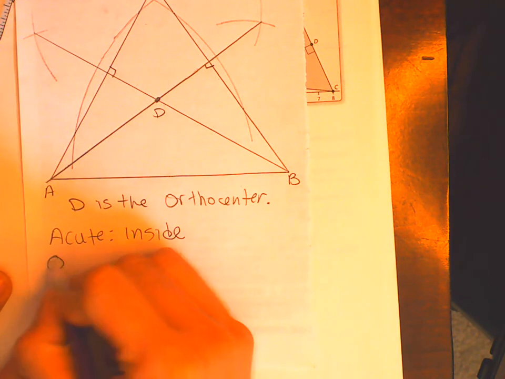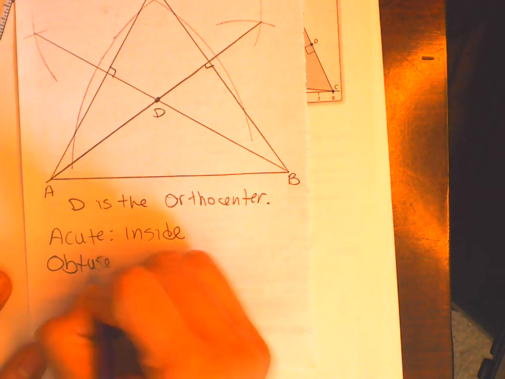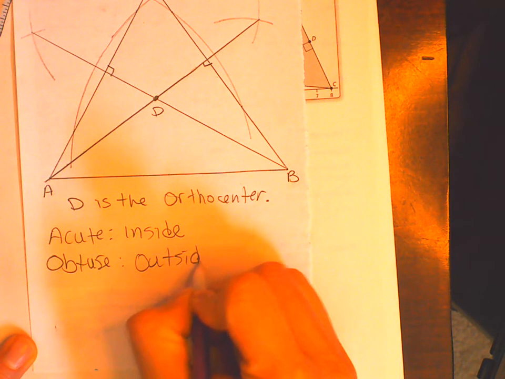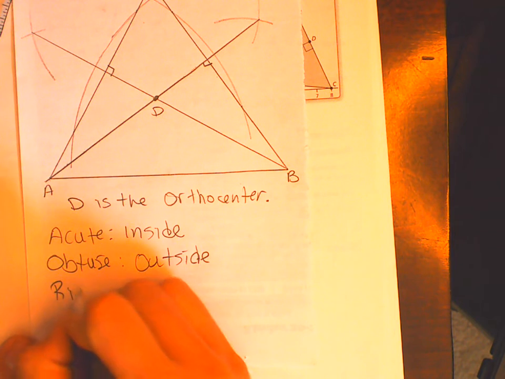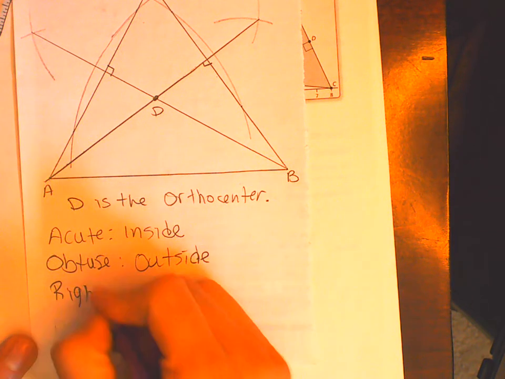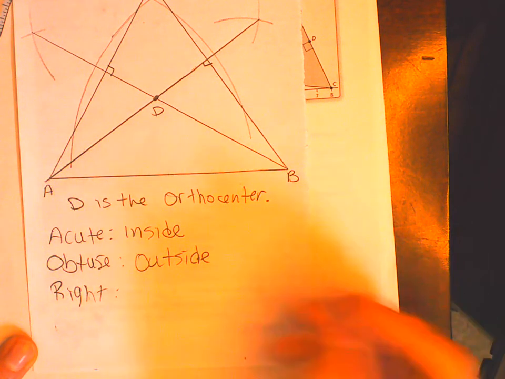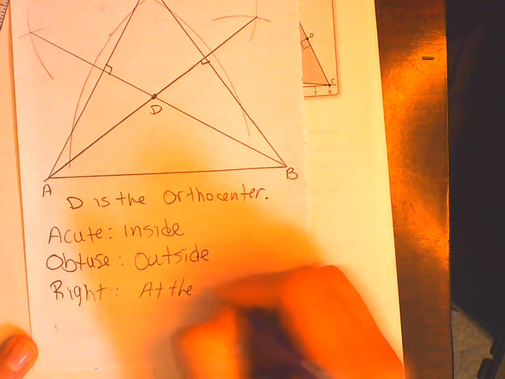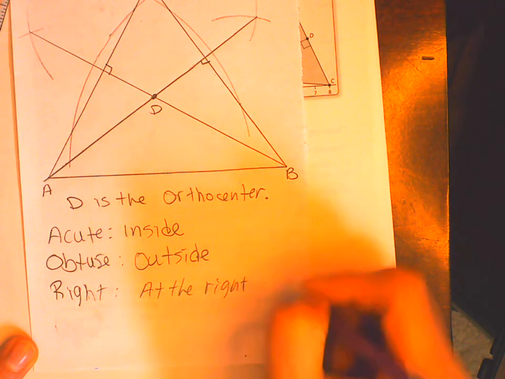If it's obtuse, the Orthocenter is going to be outside. And if it's a right triangle, the Orthocenter is going to be at the right angle. Not just on it, but at the right angle.